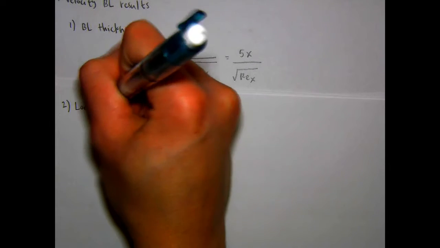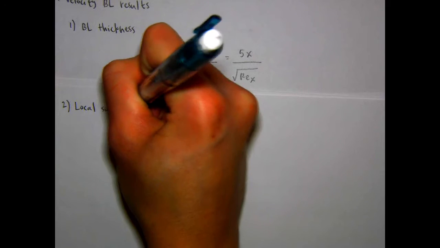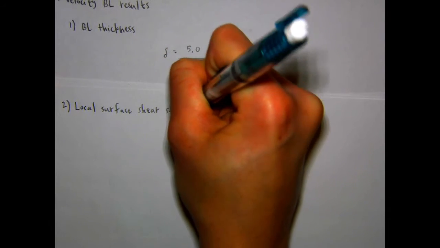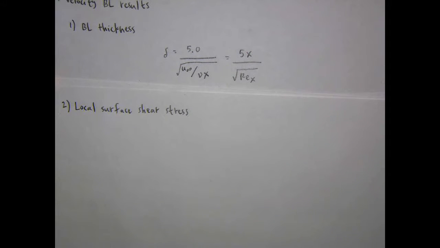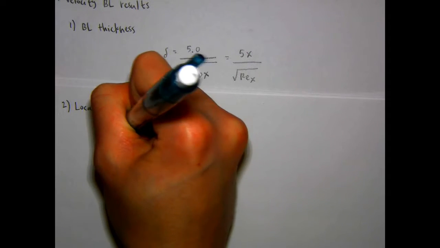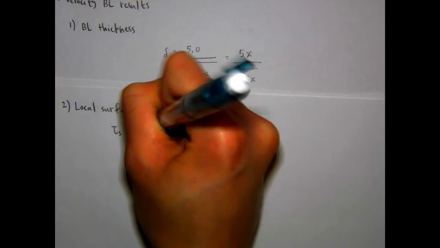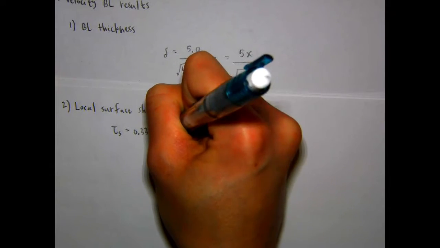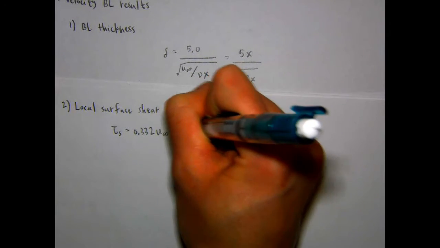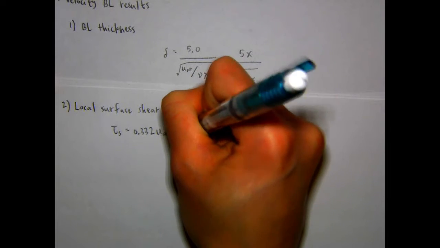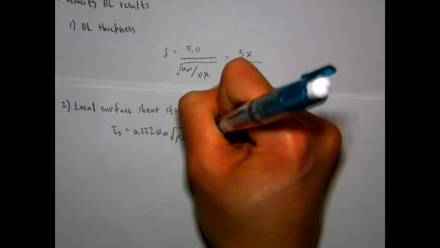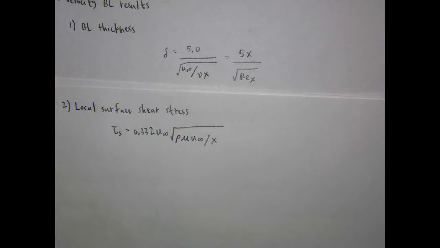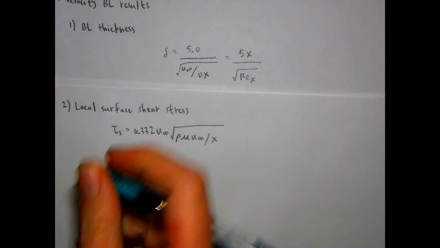So local surface shear stress is 0.332 u infinity times the square root of rho mu u infinity over x.